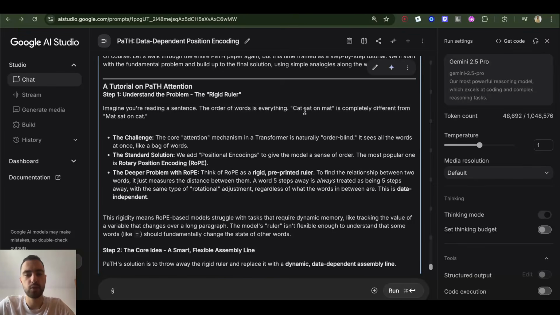Now let's look at this word "sat". We need to extract some information from this word sat and then use it to modify this key of the word cat, so we can give context from sat into the key of cat. Imagine sat as a vector embedding.